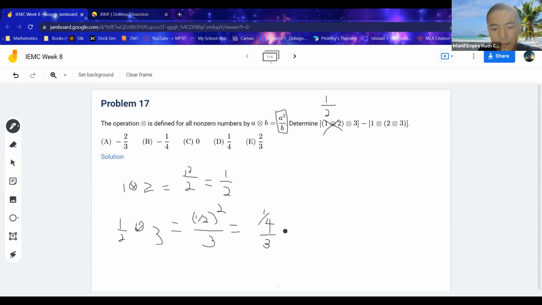And what this really means is you take the top 1/4, and dividing by 3 is what? It's really just multiplying by 1/3, right? Okay. So what's the answer? 3 over 4.